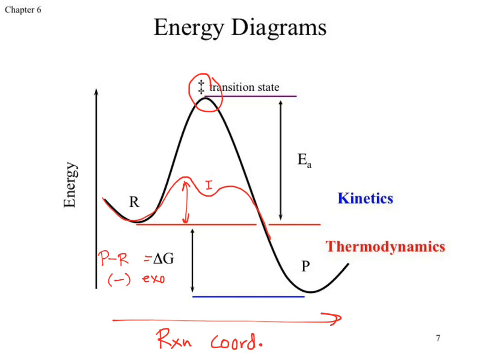The product energy needs to be lower than our reactant energy. What if it's a slow exothermic reaction? It's going to have a tall transition state, but the product energy is still going to be lower than our reactants. So we can vary those two things independent of each other depending on what circumstances we're looking at. Questions about that?